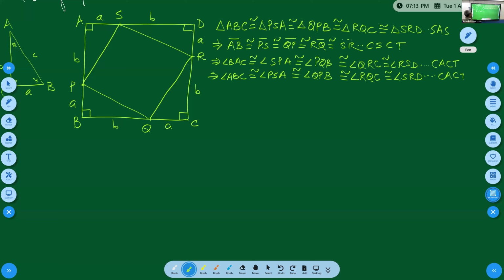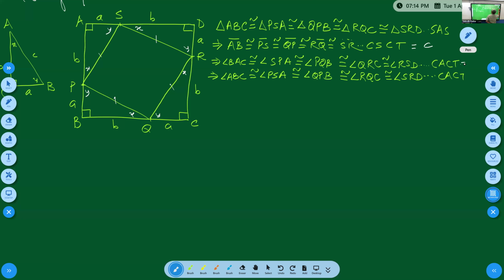Clear? If there is any doubt anywhere, let us decorate this figure now. These are equal. This angle is X, this angle is X, this angle is X, and this angle is X. This angle is Y, Y, Y, and Y. We can write actually this side is equal to small c.